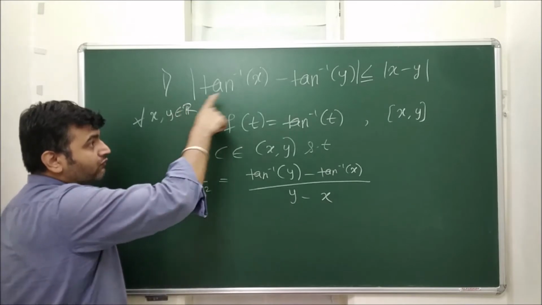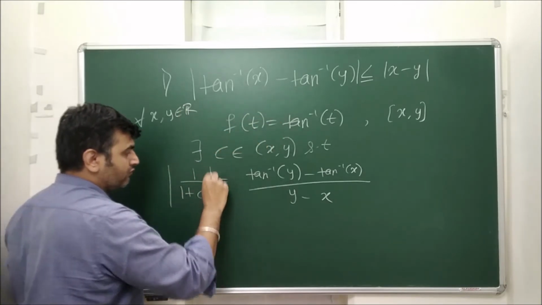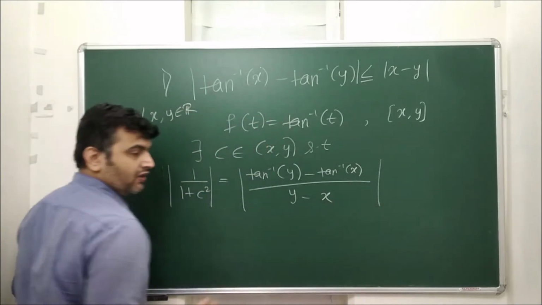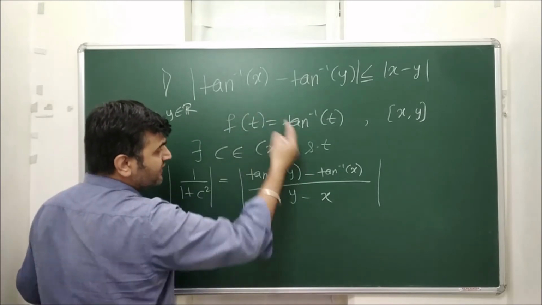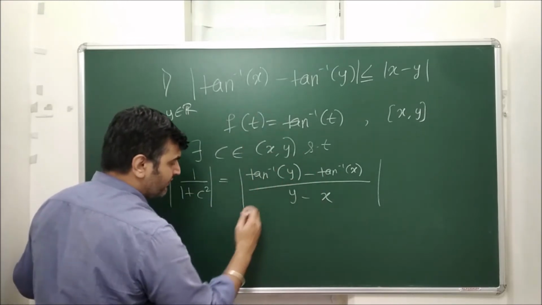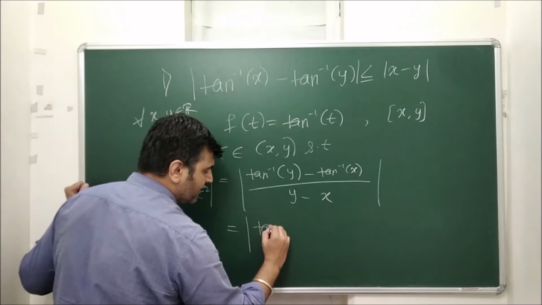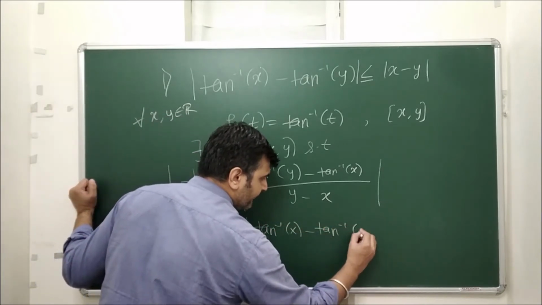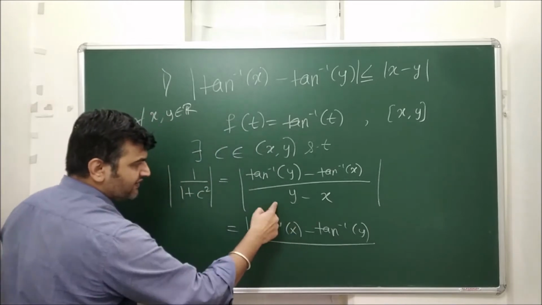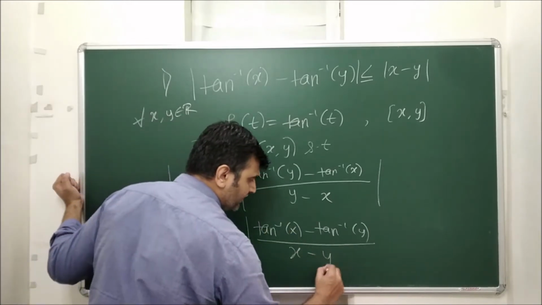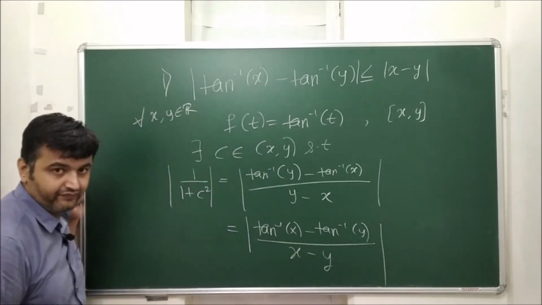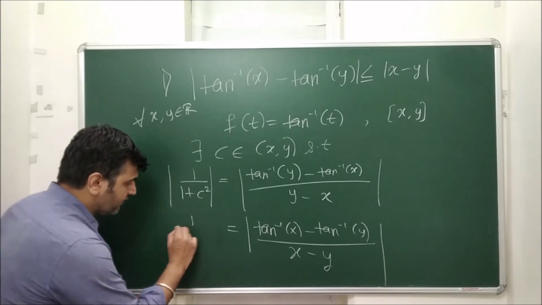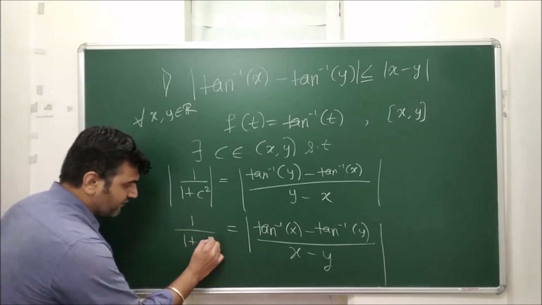Now I want mod in the inequality, so you take mod on both sides. Here I want tan inverse first, so you can take out a minus outside. So this is nothing but tan inverse of x minus tan inverse of y. Here also you can take out a minus outside, and it will get cancelled, upon x minus y. And this is nothing but 1 upon 1 plus c square.